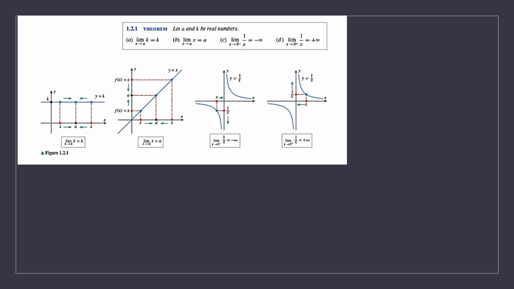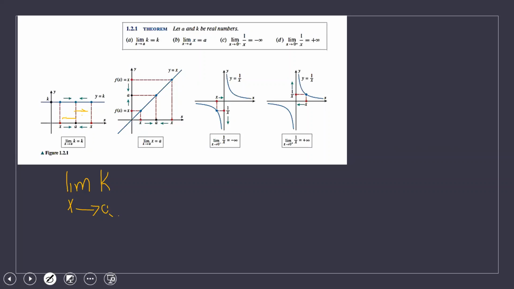Let's start with the first theorem. If you have the limit of k when x approaches a, as you see in the first graph, when x approaches a from the right it is k, and when x approaches a from the left it is also k, because k here is a constant, a number.